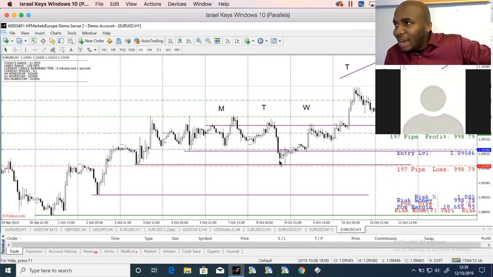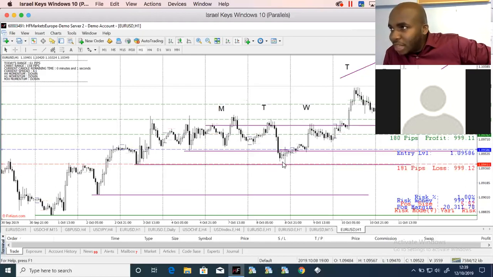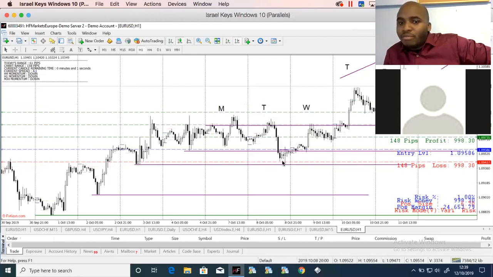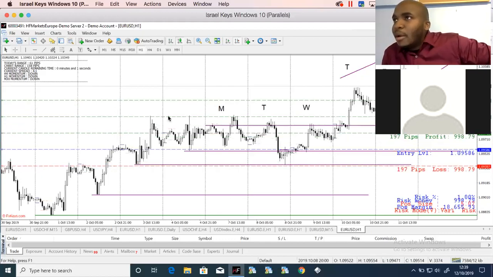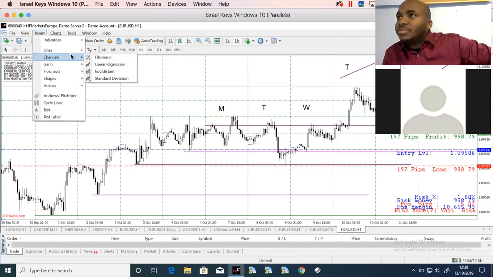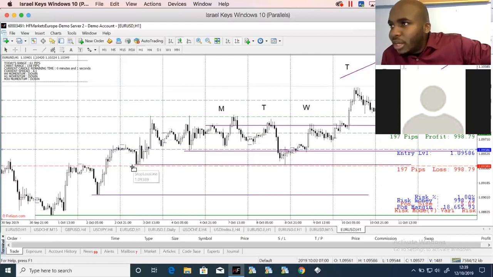Now, if price had reached here and then turned here and gone up, rather than putting my stop there, I would have brought it all the way back down to here because of this low here, right?